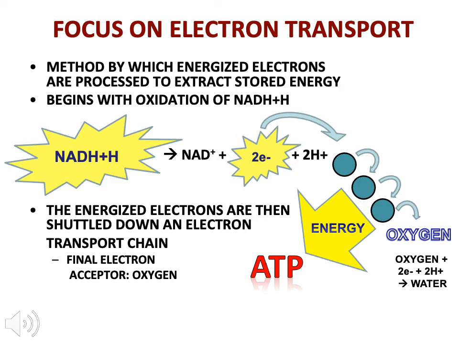Dr. Canales, does this have something to do with the fact that you and I breathe oxygen? That's a very astute observation, because the reason you and I do breathe oxygen is because that oxygen will be used as the final electron acceptor in the process of cellular respiration in all our cells, and that oxygen is key to our being able to process those electrons.